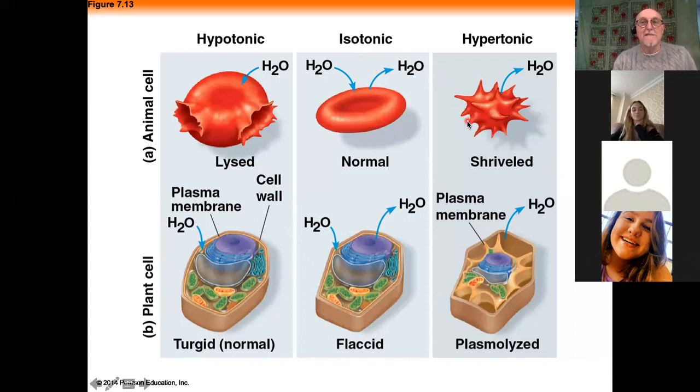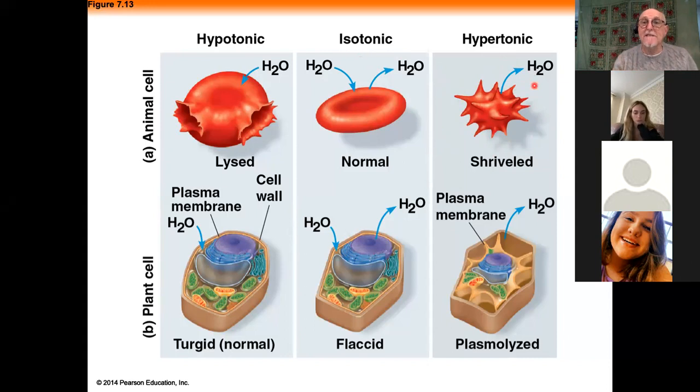If I take my red blood cell and put it into a hypertonic situation, then the outside has a much higher concentration of salts. Water is going to flood out of the cell, and the cell is going to shrink.